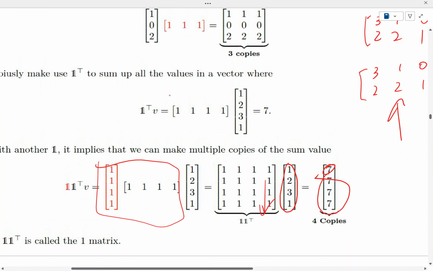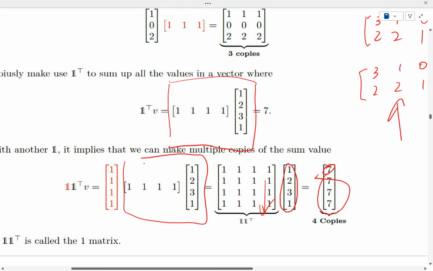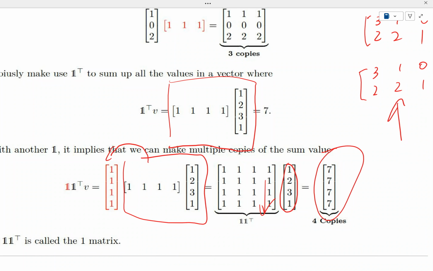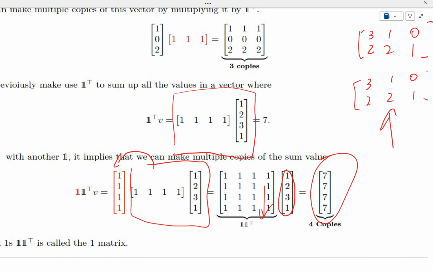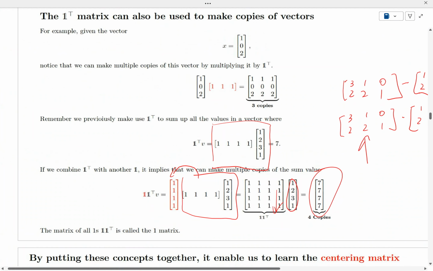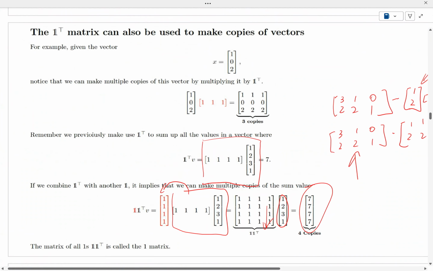The very first operation adds things together. After you're done with the first operation, you multiply by this again, and when you do that, you end up making copies. So you're combining summation and copy making in a single matrix. This means you can essentially perform multiple actions.